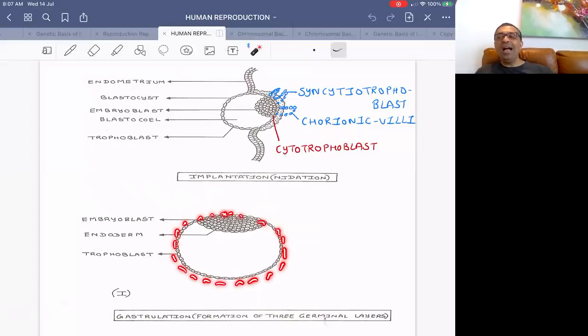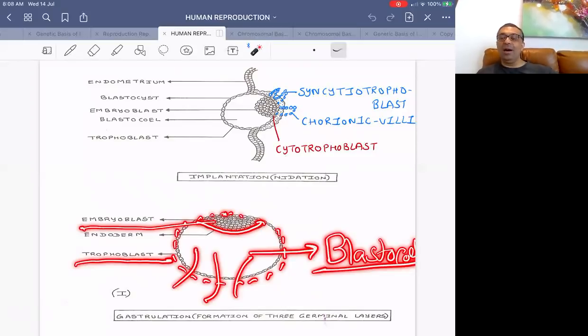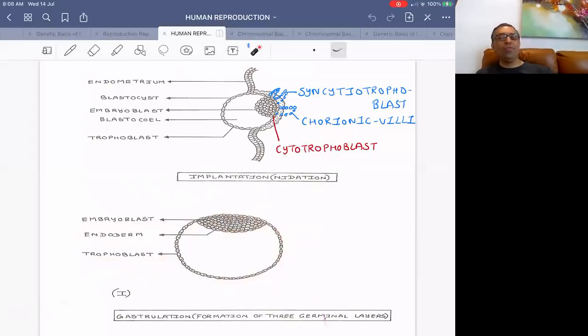The blastula had an outer layer of cells called trophoblast, an inner mass of cells called embryoblast, and a cavity inside called blastocele, which was filled with uterine milk. That structure was called a blastula. Now how will this blastula convert into a gastrula? Beautiful process, please listen carefully.